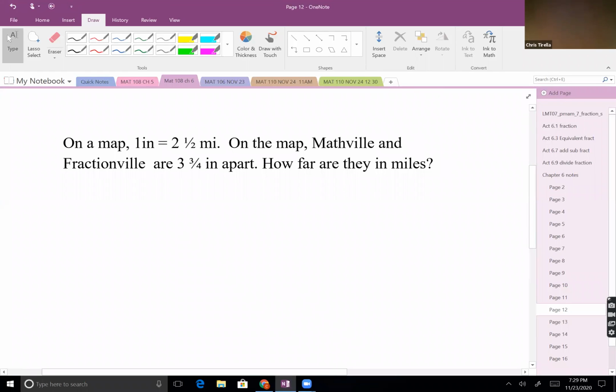This one, we're looking at a map, and on our map, the scale tells us that 1 inch is 2.5 miles. On the map, two cities, Mathville and Fractionville, are 3.5 inches apart. How far apart are they in miles?